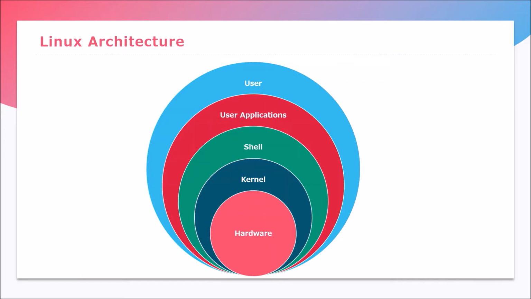So after shell, we can have user applications or directly user as well. In the user application, we have an example of, suppose, VI editor. So user can open a VI editor application, and that application will be talking to shell to store or read the files.